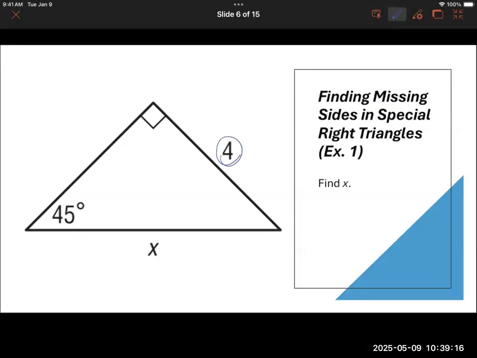Okay, so the 4 is our A. And we know that the hypotenuse is always going to equal the square root of 2 times that A. So if we know that a leg is 4, then we know the hypotenuse is going to have to be the square root of 2 times 4, or 4 root 2.